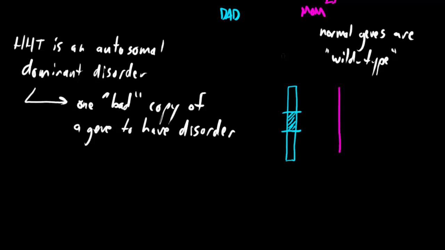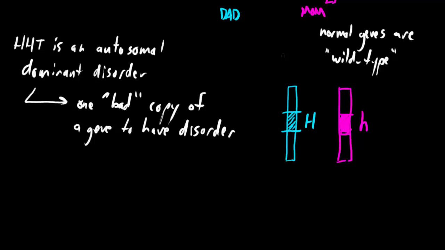And that mom has a normal copy. So let's still go ahead and designate these things. I'm going to make little h be the wild type gene, and big H I'm going to make the mutated gene. So now we have one bad copy and one normal copy.